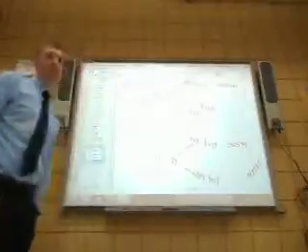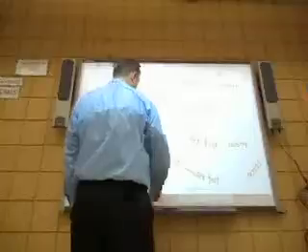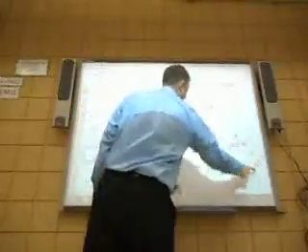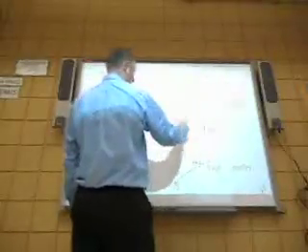What do we do? Add those two. We just figured out all the ways you can have a positive test. That's how many ways you can have a positive test. Okay? So we divide by that.